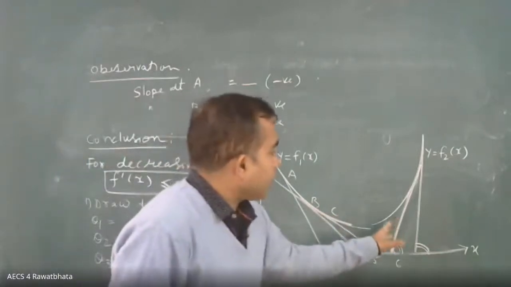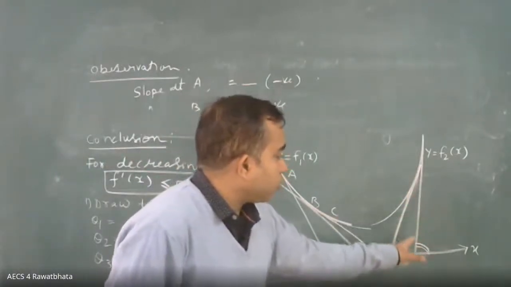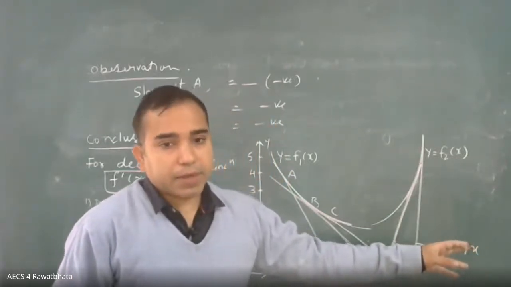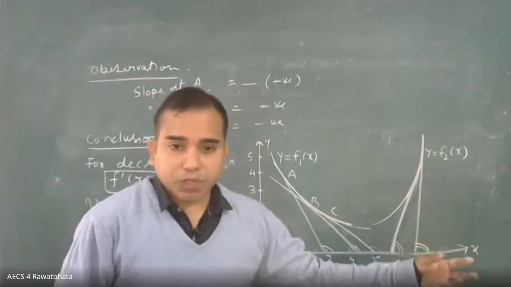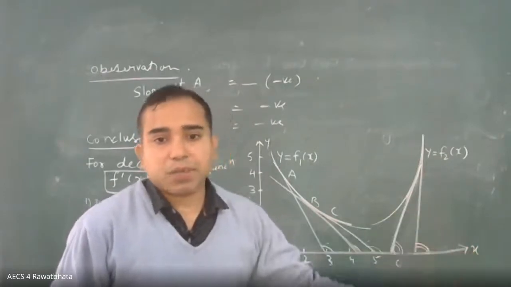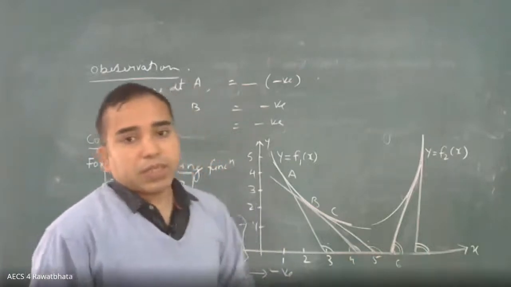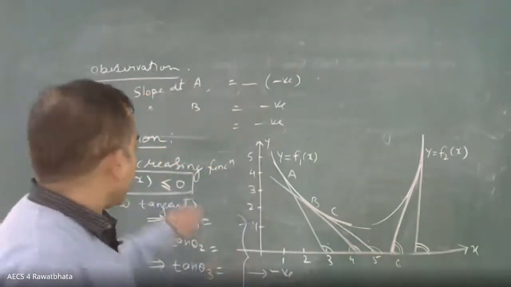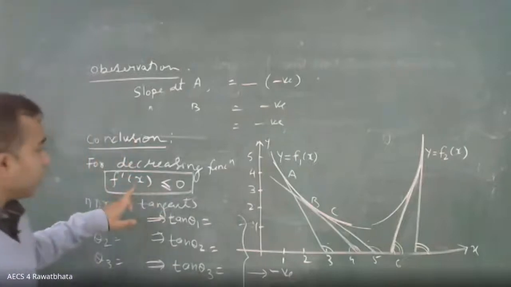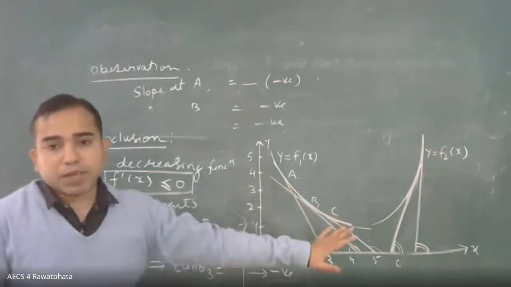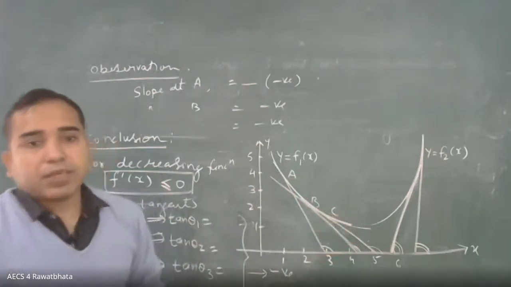And similarly for the increasing function, because the tangents, if you draw, will make acute angles, tan will be positive, and tan theta is nothing but f dash x, so f dash x will be positive. So the result is for the increasing function, you please write it. As I wrote only for decreasing, you write for increasing also in the conclusion, I told you similarly. Okay.